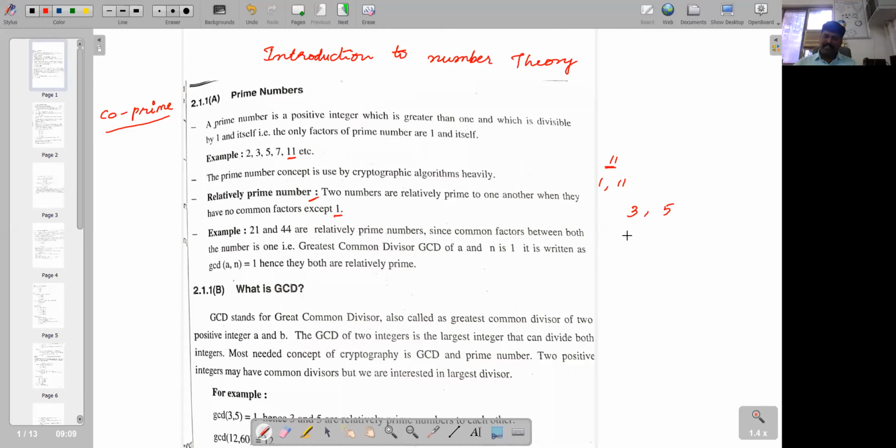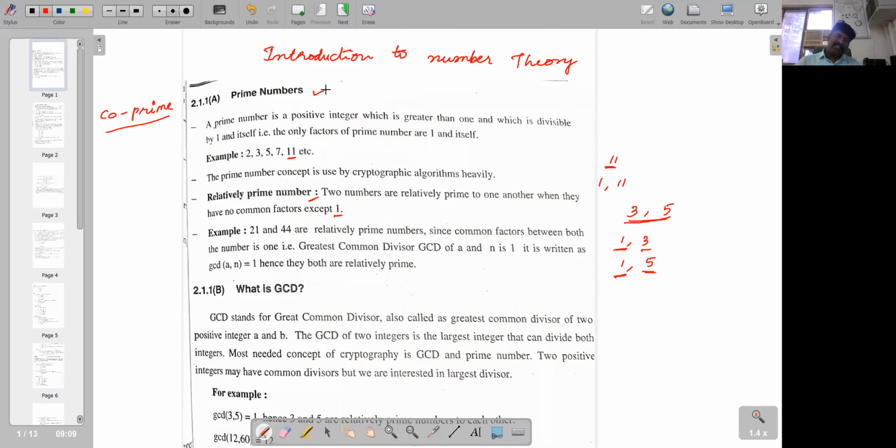The factors for 3 are 1 comma 3, and for 5 the factors are 1 comma 5. These two numbers have only 1 as a common factor, there is no other common factor other than 1, so these two numbers are called co-prime or relatively prime numbers. Is it clear?